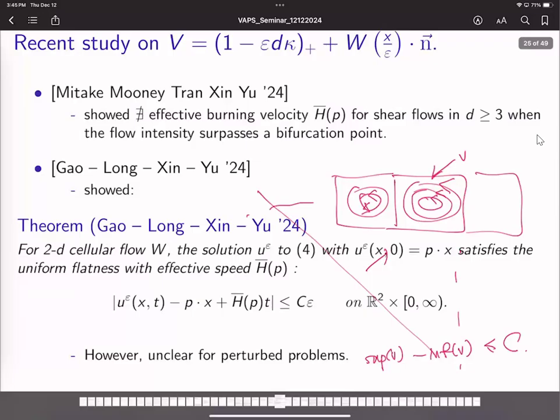So for the periodic case, can your method work for a random case? For the random formulation, we would need to think about the limit problem, which is the cell problem. So we need to think about the correctors. I believe that's a pretty good question. The honest answer is I don't know, and I believe that's a great question.